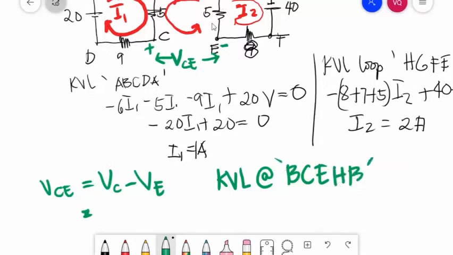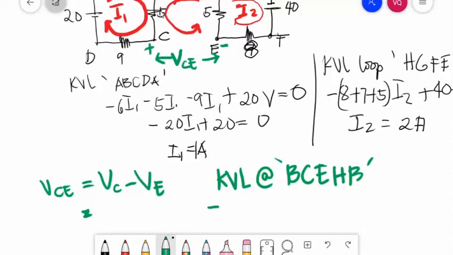Okay? So, what will be the drop in your 5 ohms? From B to C, same direction as our loop current, so we will have a negative sign for the voltage drop at 5 ohms. What is this voltage drop at 5 ohms?